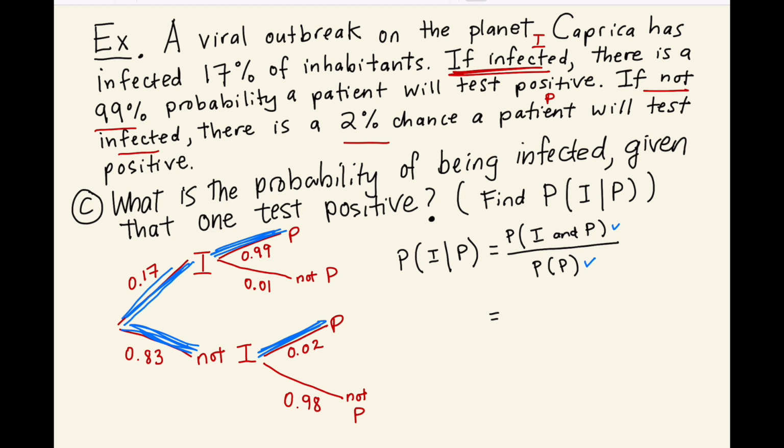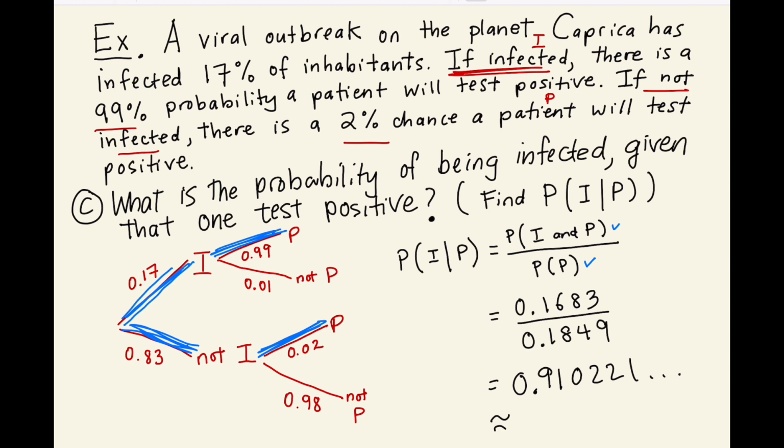For part A, the probability was 0.1683, and for part B, the sum of those two probabilities was 0.1849. If I divide, I get 0.910221. I'm going to round that to 3 decimal places. So there's a 91% chance that you are infected with this new virus if you test positive.